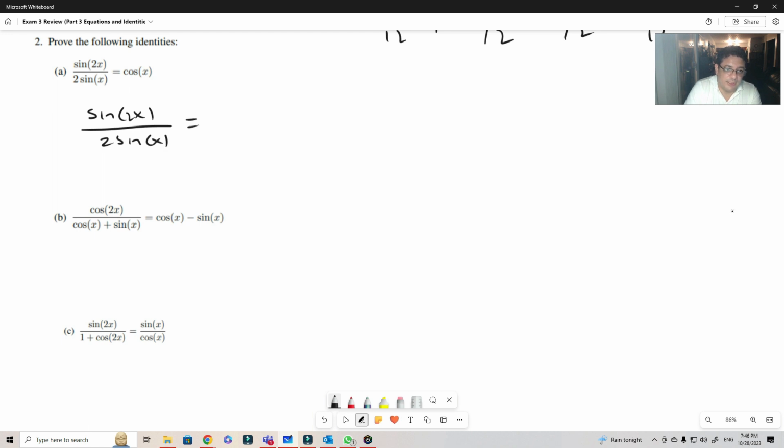And what we're using here is the double angle identity. Again, this is in our formula sheet, so it's just a matter of applying our formula sheet. You replace this by what it is here, we get to cancel the sine, and we cancel the 2, and we get cosine of x. So we reach from one side to the other.